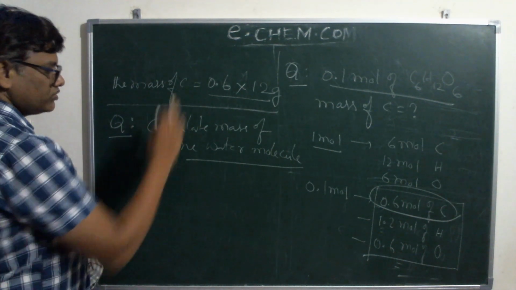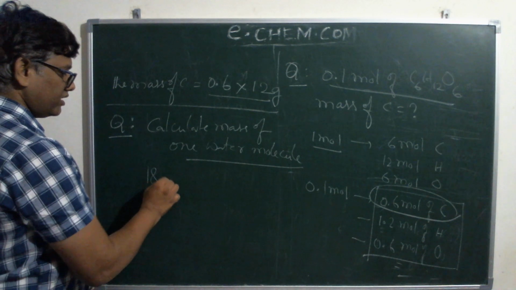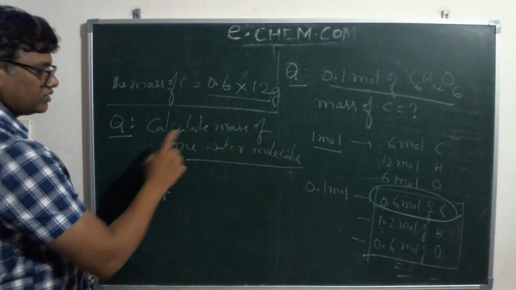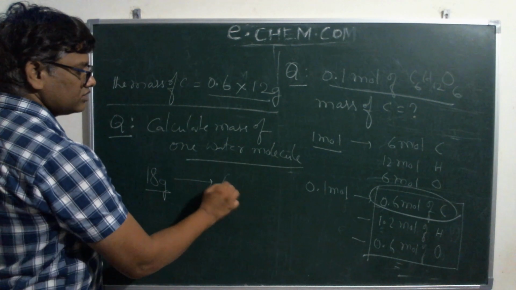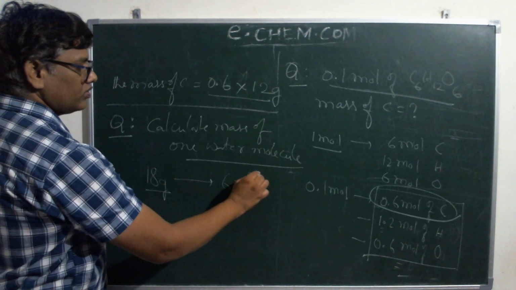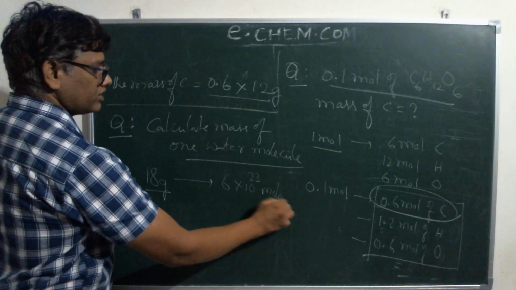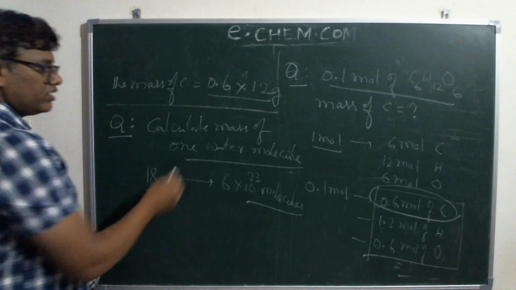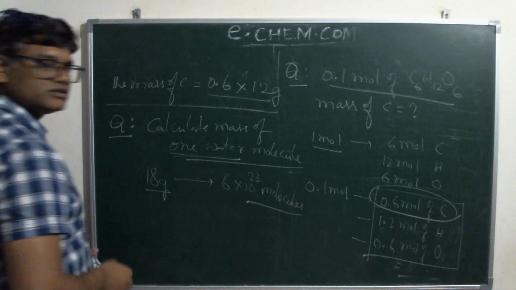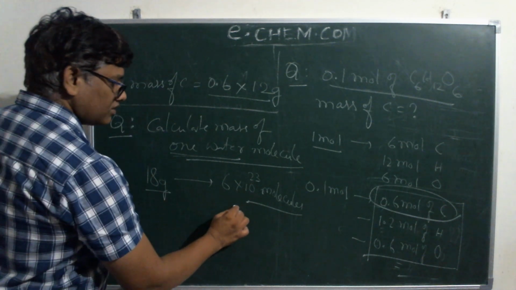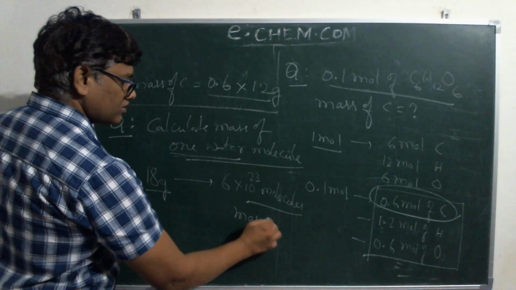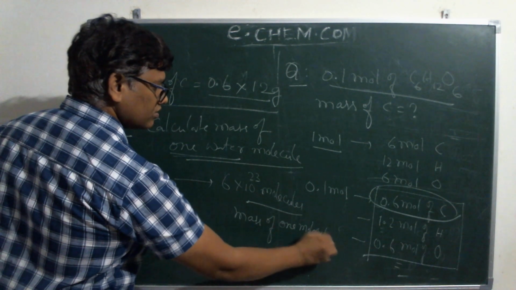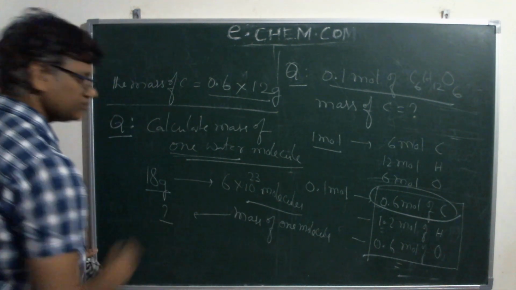Right? You can use a unitary method. Say 18 grams of water contains 6 into 10 power 23 molecules according to the mole concept. I want to calculate the mass for one water molecule. So mass of one molecule, that is how much?